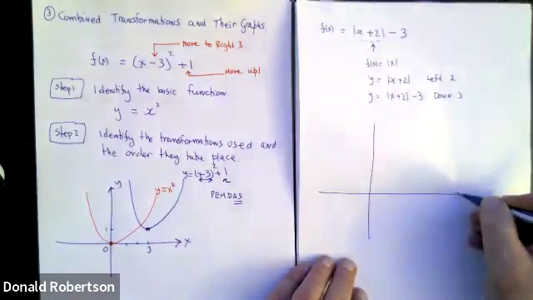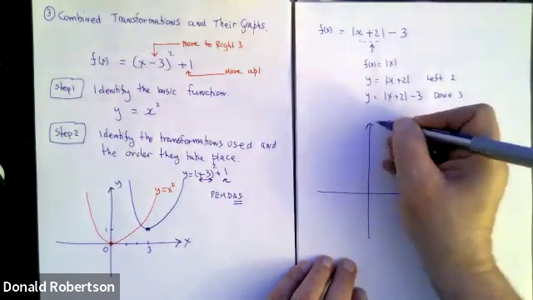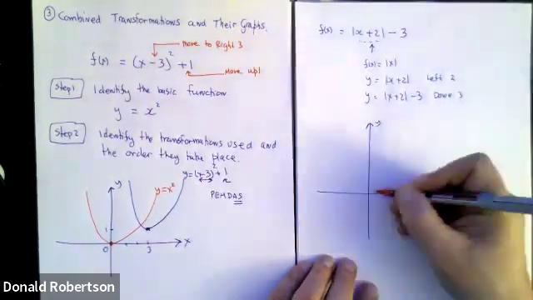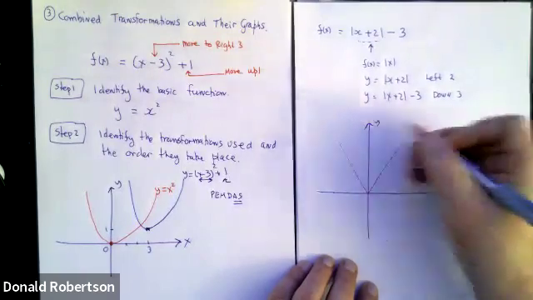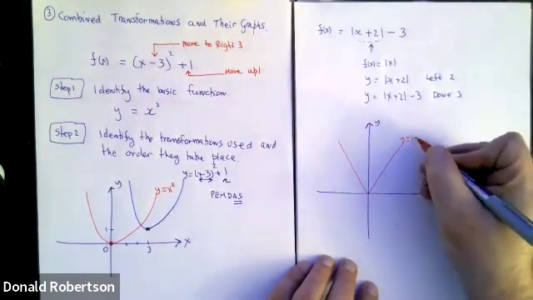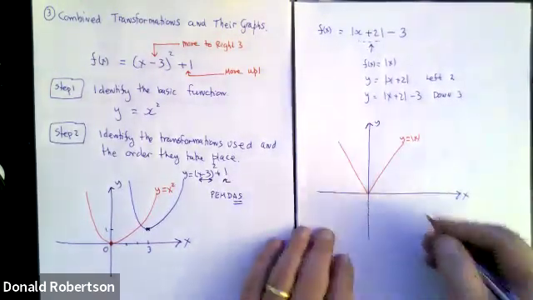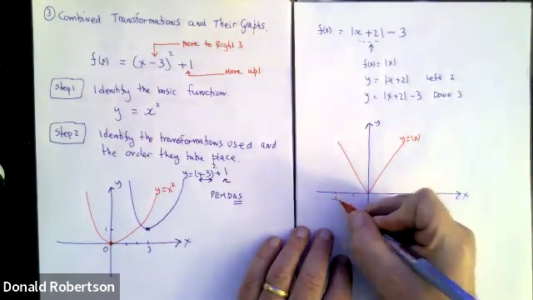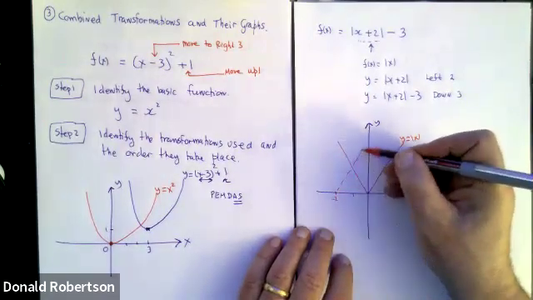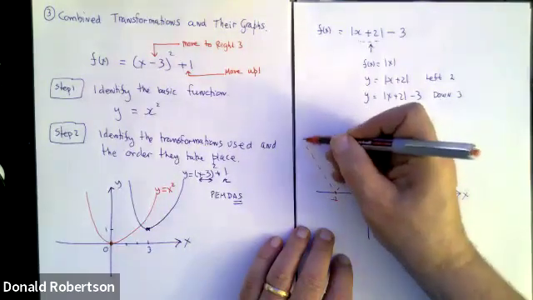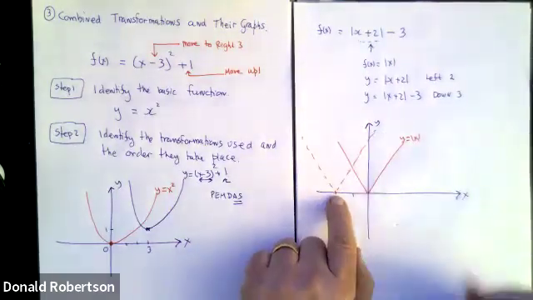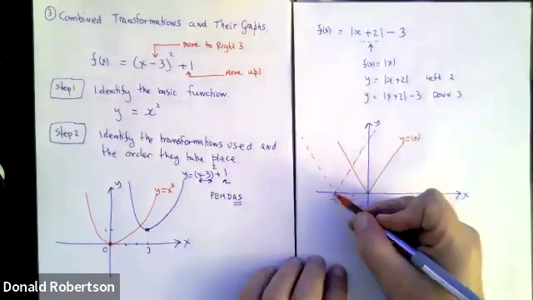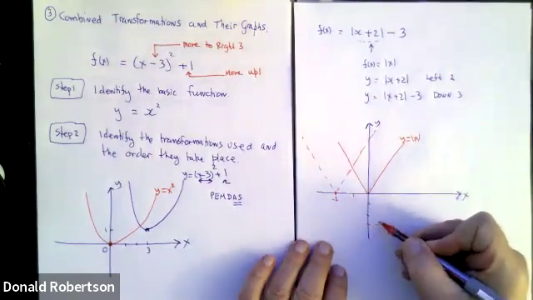So you put all of that together. You start off with your absolute value. You move it to the left 2, so it's now over here. Now you move it down 3.